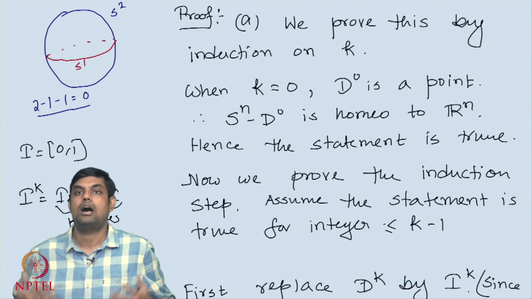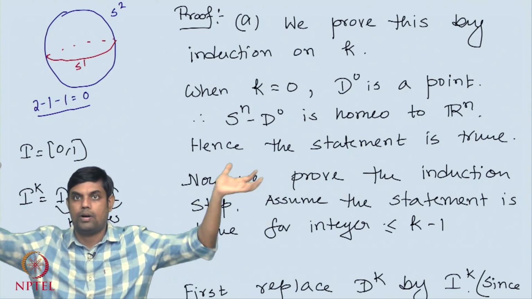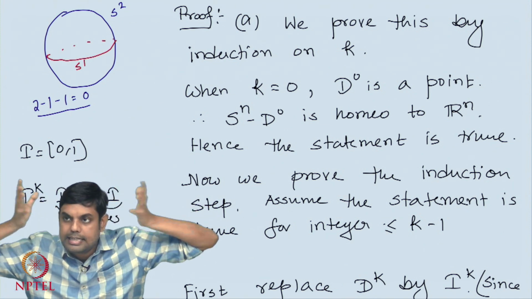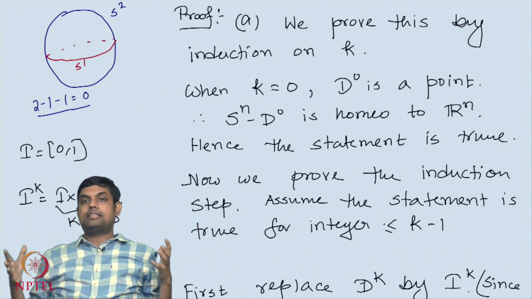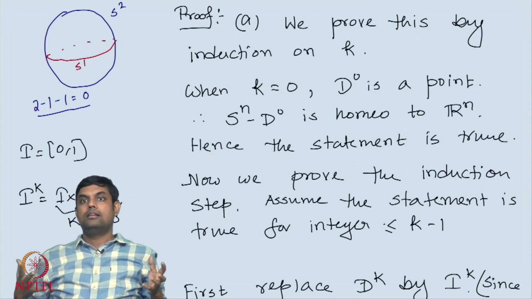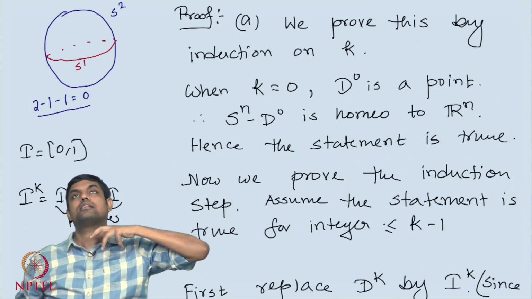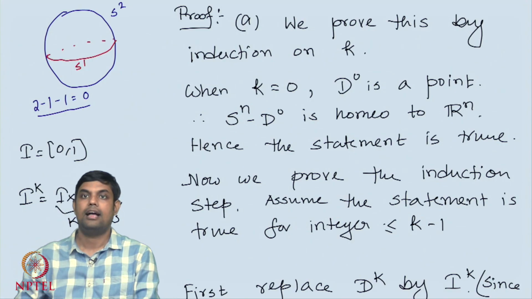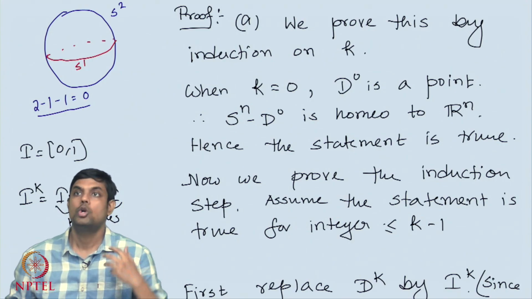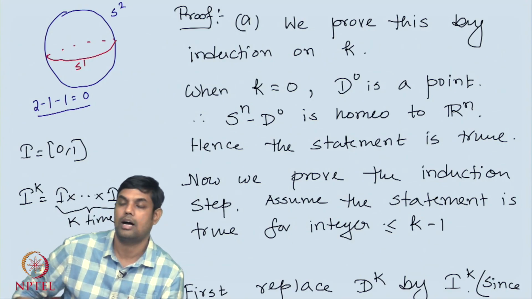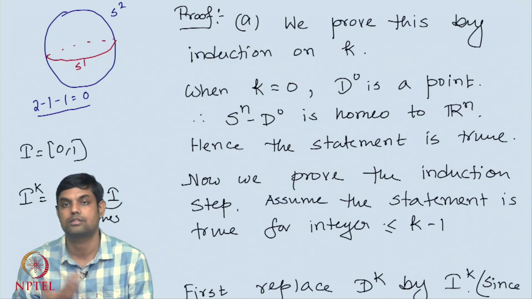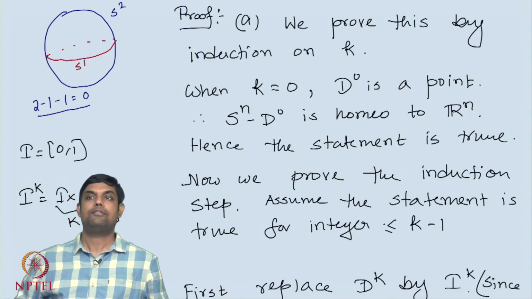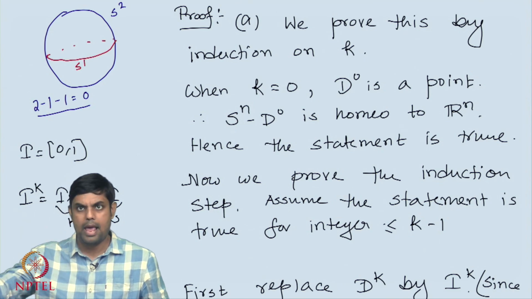Let me repeat, I am going to split the complement into two parts, and I am going to show that the homology of the entire complement is determined by the homology of these two components, okay. And the next step will be to use our idea of the topology of the structures of S^n and D^n to claim that each of these two parts actually has trivial homology, okay.